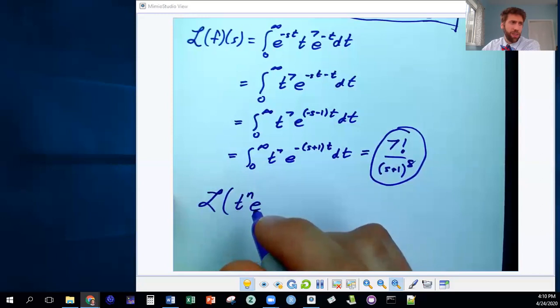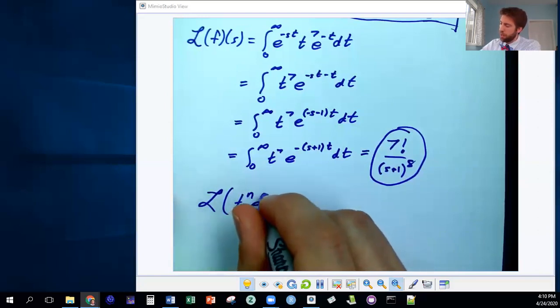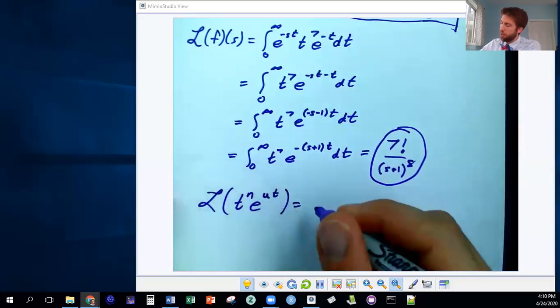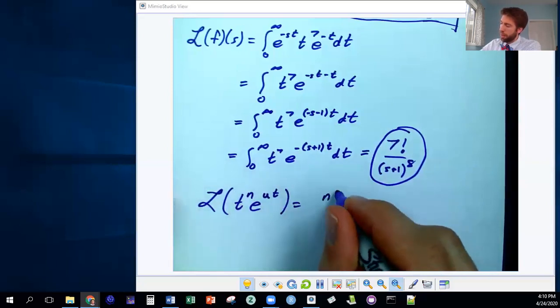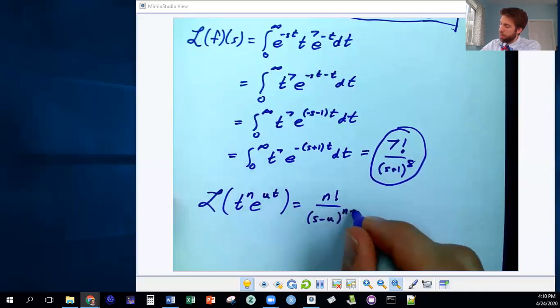A, is A unused? R, S, okay, use S or T. U, we'll use U. t to the n e to the U t equals n factorial over s minus U to the n plus 1.